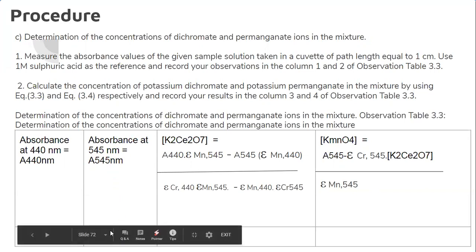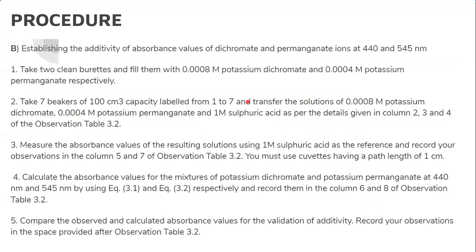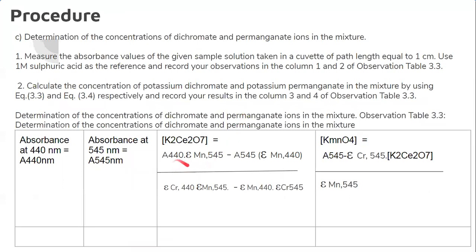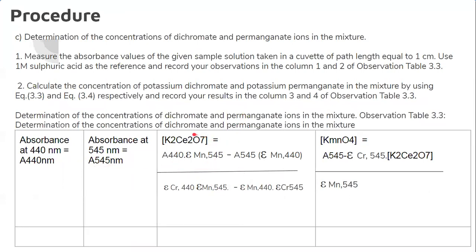Whatever value we obtain will be noted here. In step 1 we have already calculated epsilon maximum of KMnO4 as well as potassium dichromate at 440 and 545 nanometers. Those values will be substituted in this formula along with these values. Thereby we can get the concentration of potassium dichromate as well as KMnO4 in the sample solution.